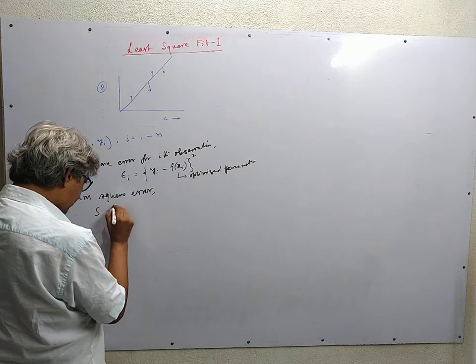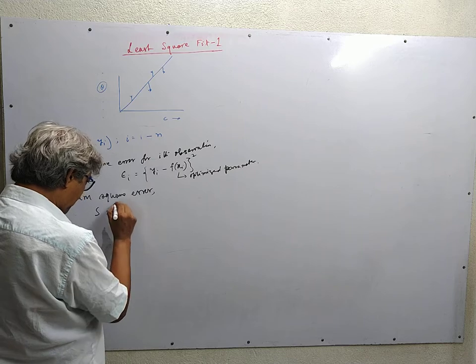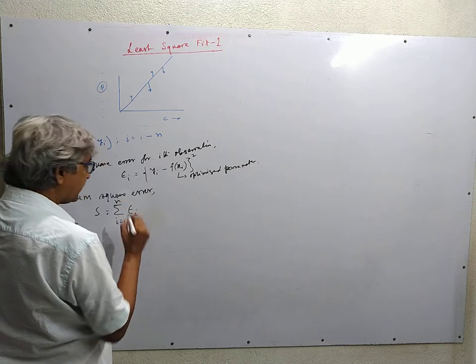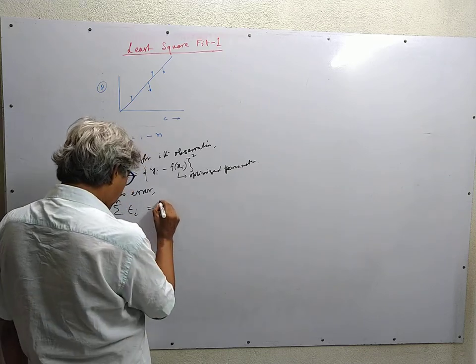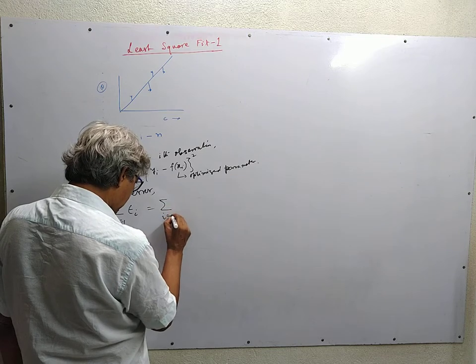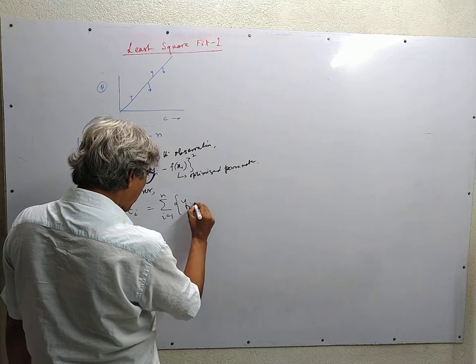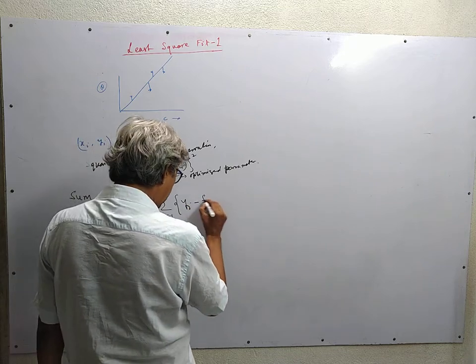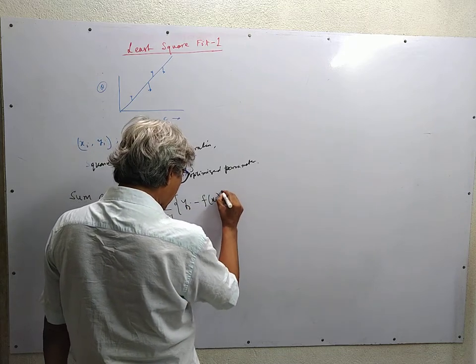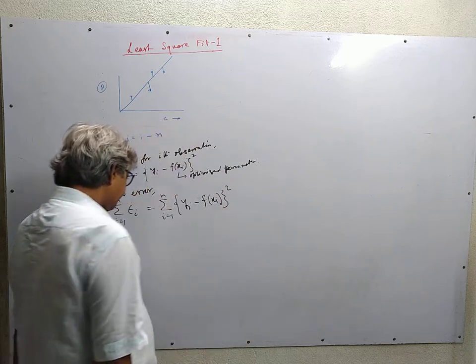S is equal to summation over i equal to 1 to n of epsilon i. This is equal to summation over i equal to 1 to n of yi minus f of xi, whole squared.